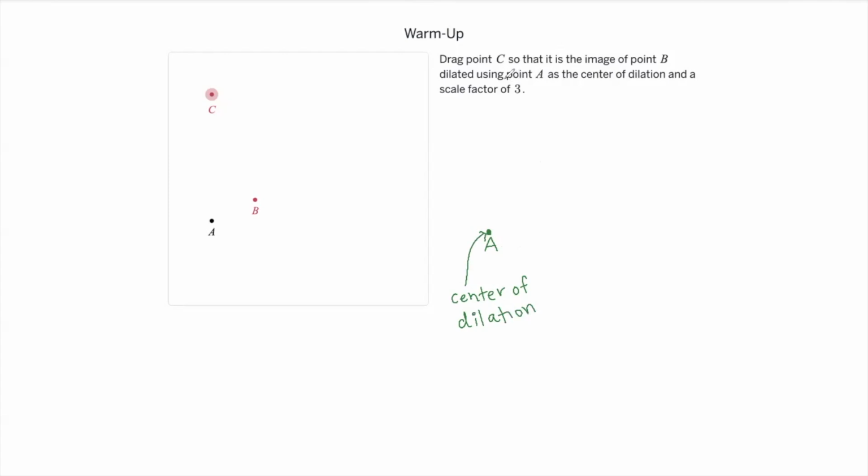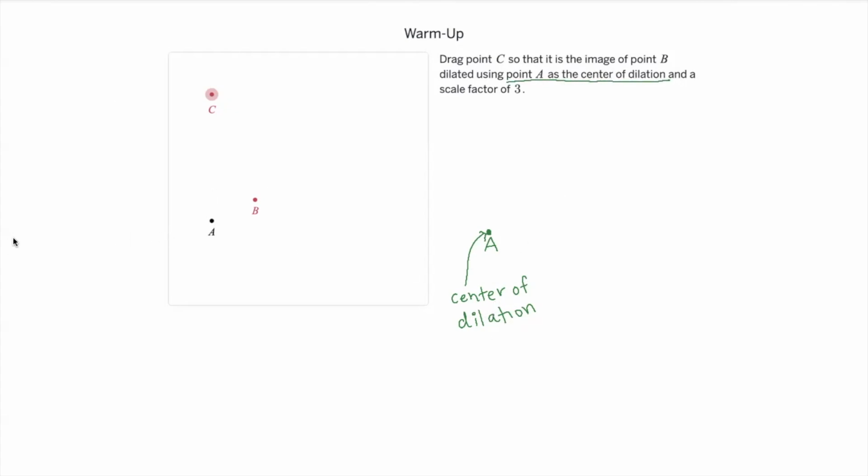This is a lot of words, so I try to break it up a little bit. So point A is the center of dilation. I just wrote that right there.